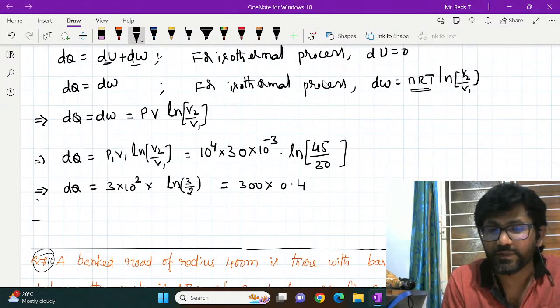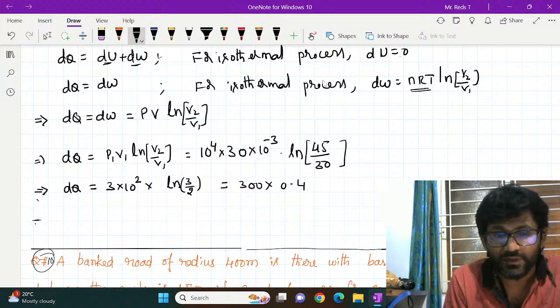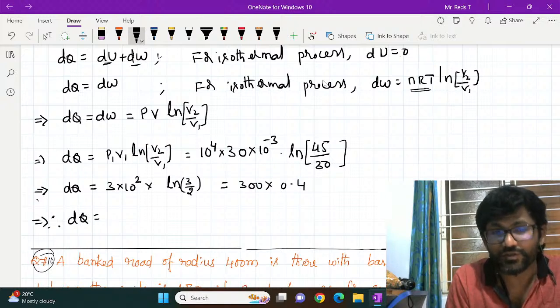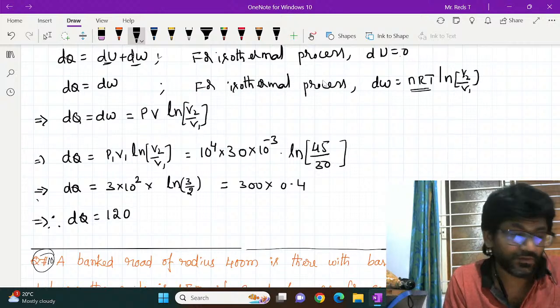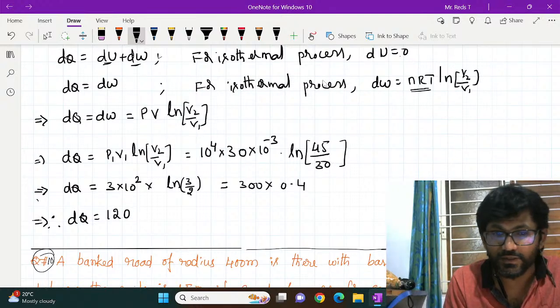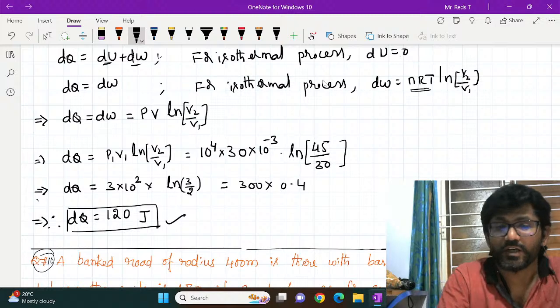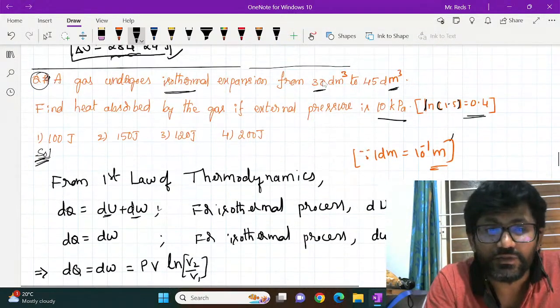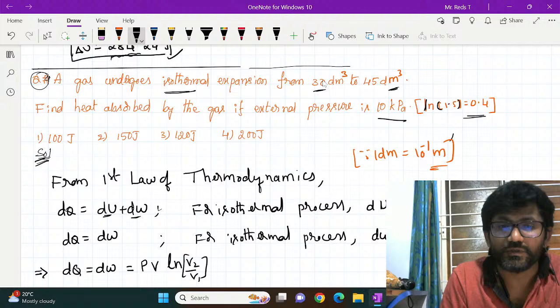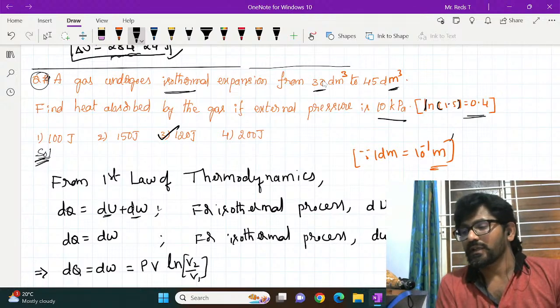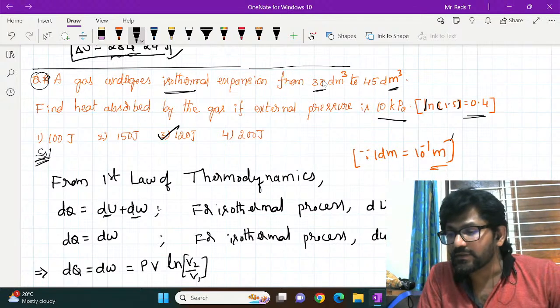If you multiply with this, you get 30 into 4, so dq is approximately equal to 120 joule. This is heat energy, so all in SI units, you can take this in joules. Options are given here, 120 joule. Option 3 is the right one. This is how you have to work out this kind of questions.